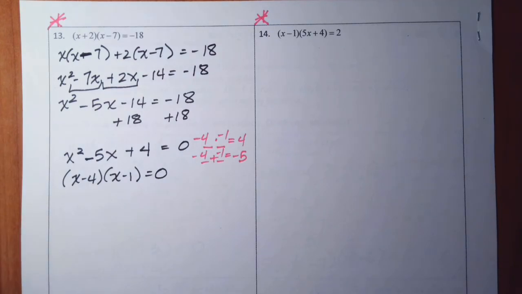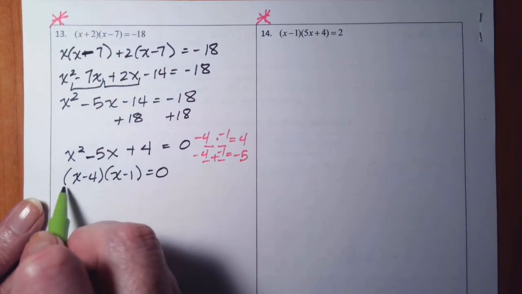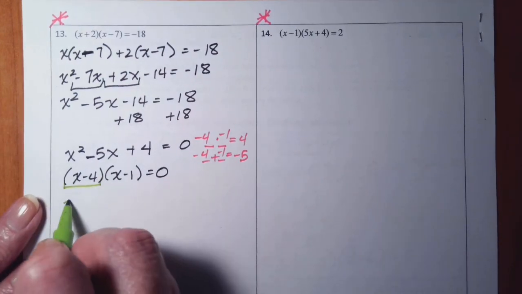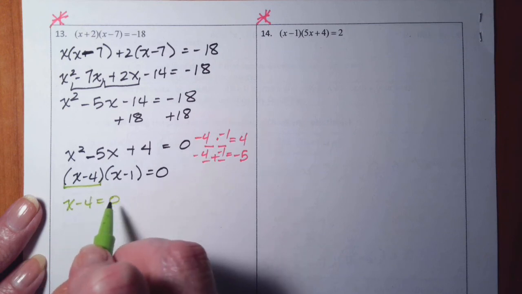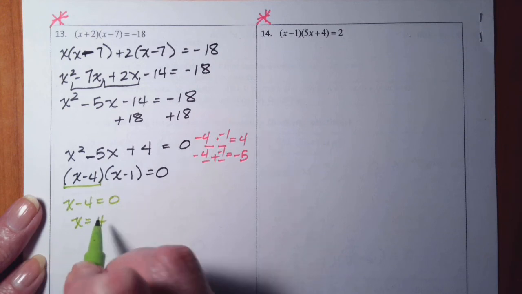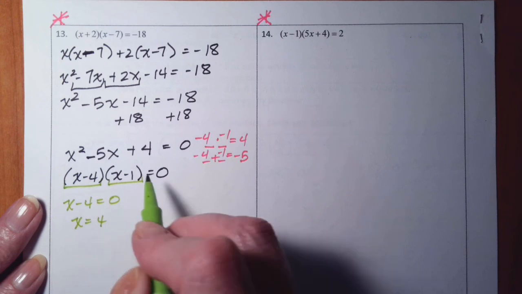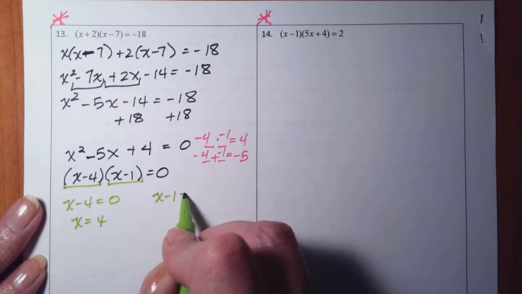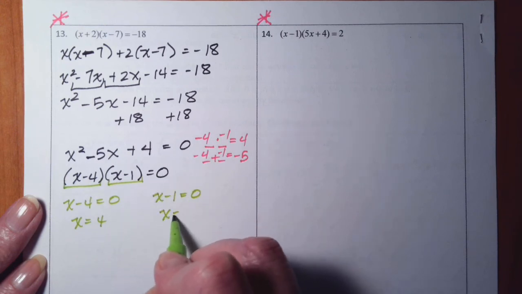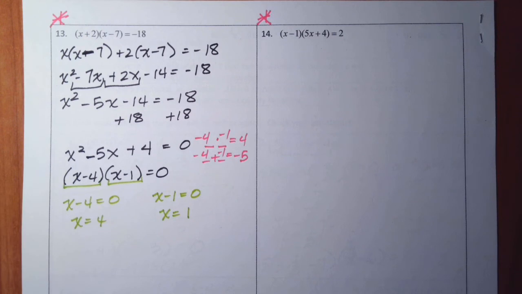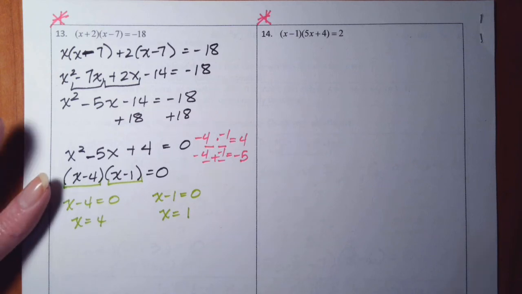So a whole lot of work to even get to where we could start solving it. So x minus 4 equals 0, which tells me x is 4. X minus 1 equals 0, which means x is 1. Now again, I'm going to go back and plug these into the original equation and see if they work.